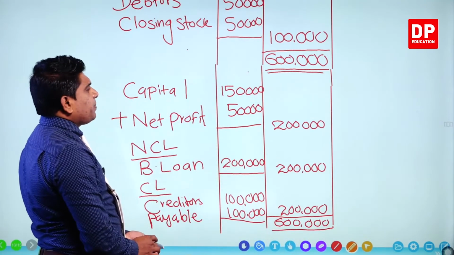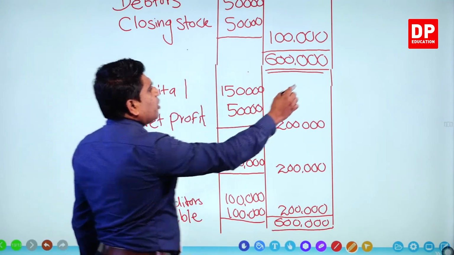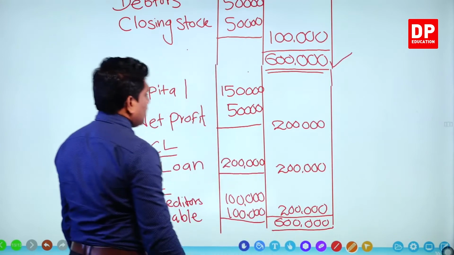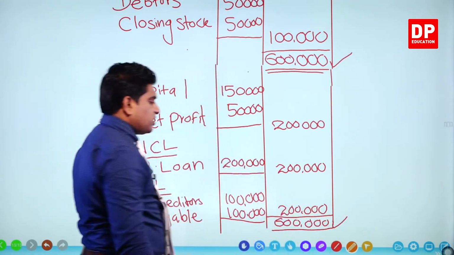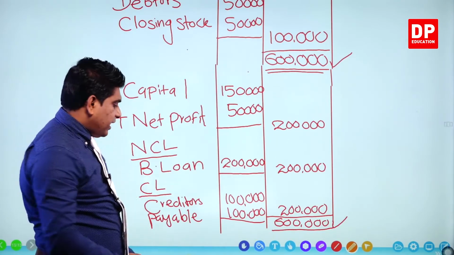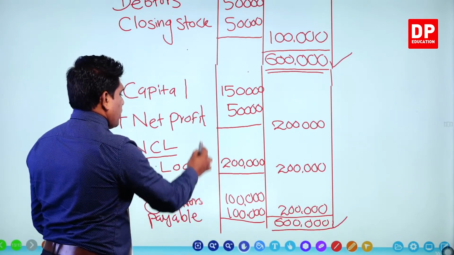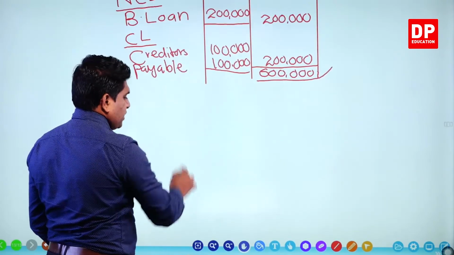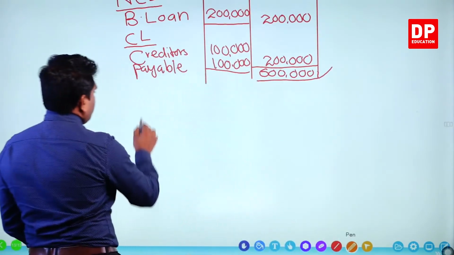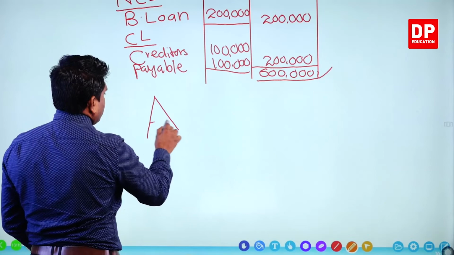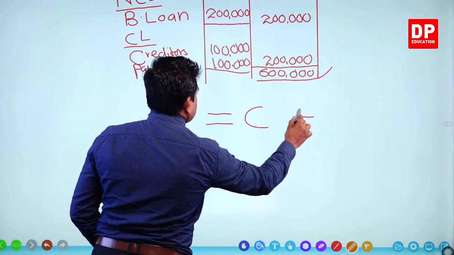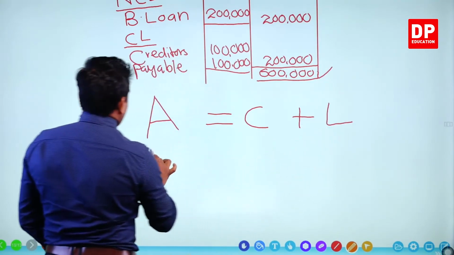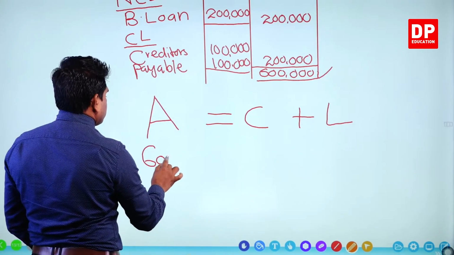Now you see here, under the assets area you got 600,000. Under the capital and liability area you got the same value, 600,000. The theory again you remember, this is the theory. What is the theory? Total assets of the business should be equal to what? Capital plus liability. Total assets 600,000.